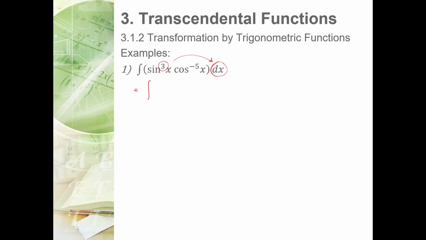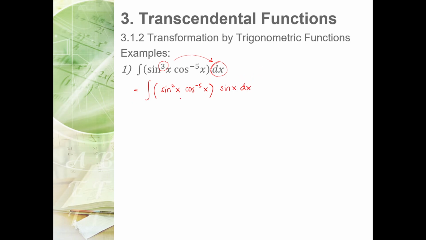So this becomes sine squared x, then cosine to the negative 5x, then the outside factor in parentheses will be sine x dx. So the first step has been done.